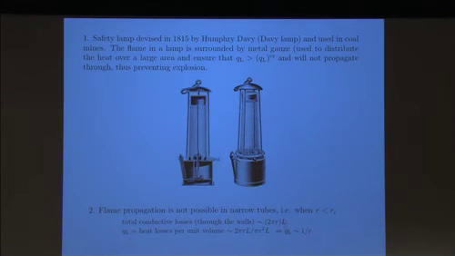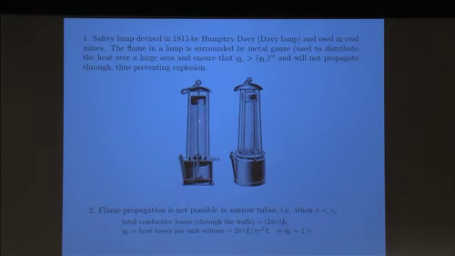Here are two examples where this can be applied. One of them is the safety lamp, the Davy lamp, that was used in coal mines for illumination. One of the things used in this lamp is to surround it with metal gauze, which essentially distributes the heat, and that's essentially the heat loss effect, okay?